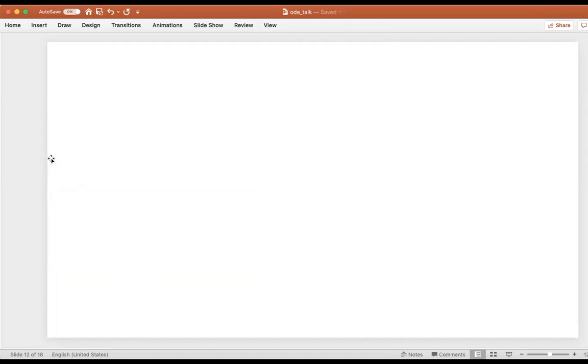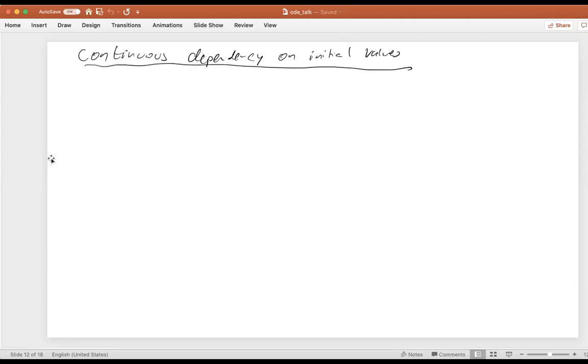This is true because there is a continuous dependency on the initial values, and we can quantify it. We have the following theorem, which follows basically from the more known Grönwall's lemma.